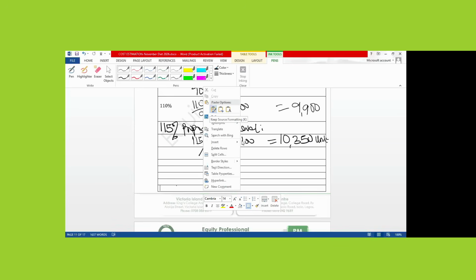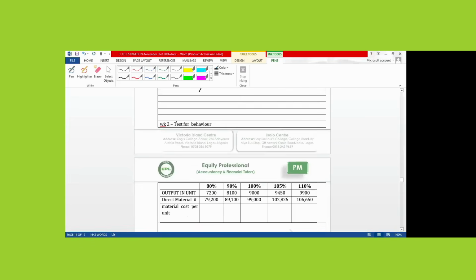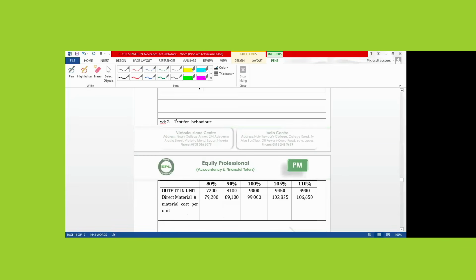How do we do this? We are given cost in total. You are going to take that cost to cost per unit.